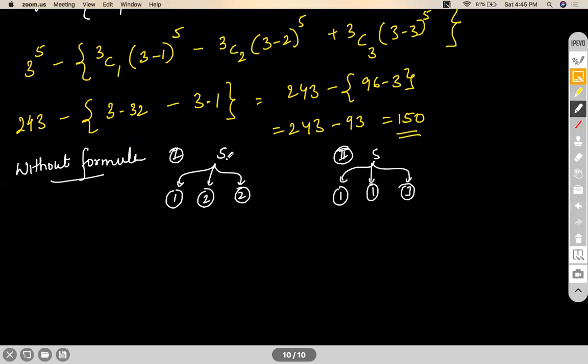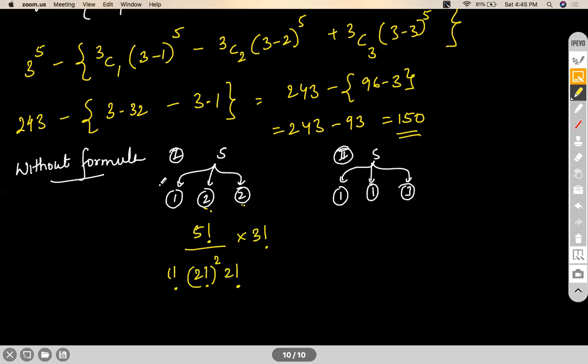Now, this case, as we have already seen our division into groups concept, it will be 5 factorial by 1 factorial by 2 factorial square and further by 2 factorial, because you have 2 groups of equal sizes. And since these boxes are distinct, they can change hands in 3 factorial ways.